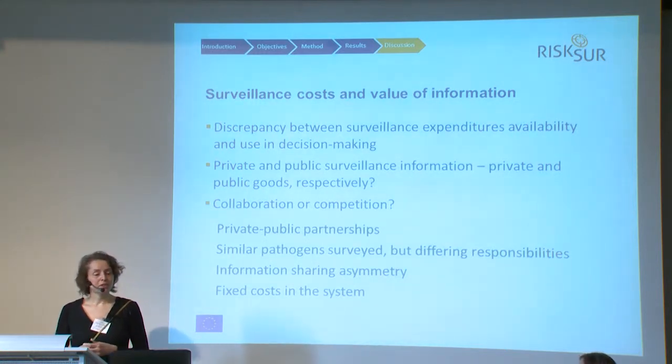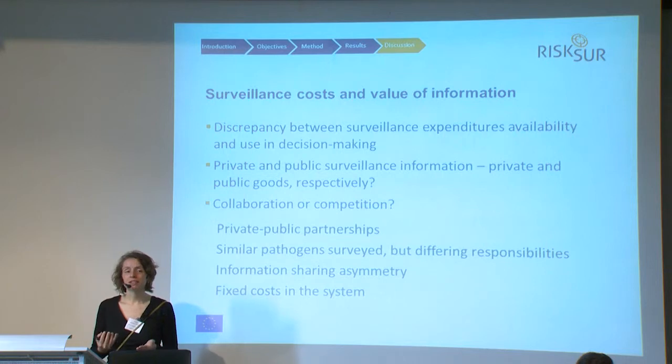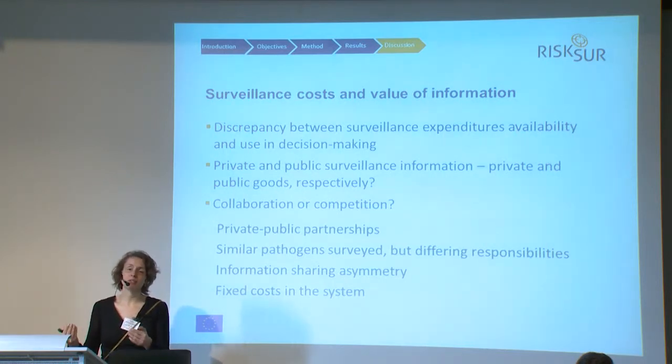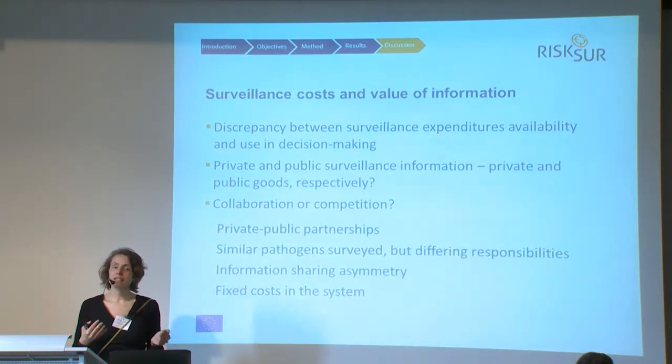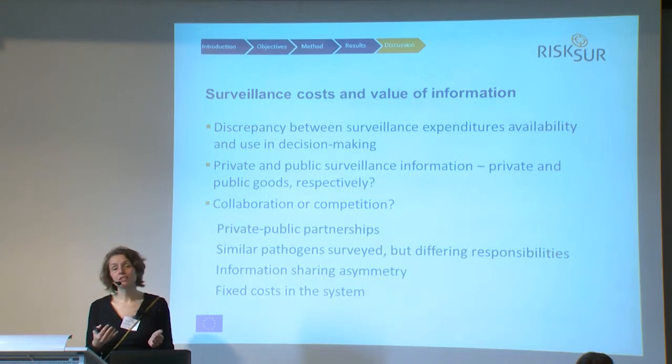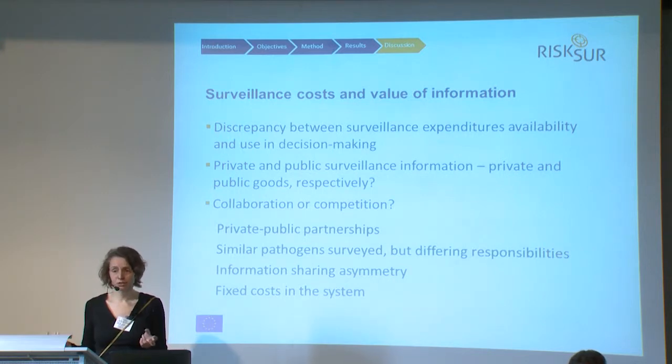Then when it comes to private and public surveillance information, there is a question: is this information treated as a private or a public good, respectively? When you think about public surveillance, the information is usually publicly available, accessible for anybody to see, whereas in private surveillance, this is often not public information, so it's more treated like a private good.